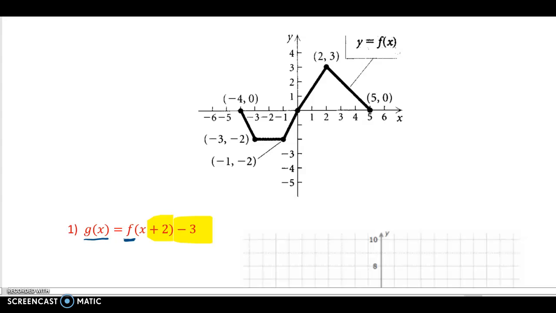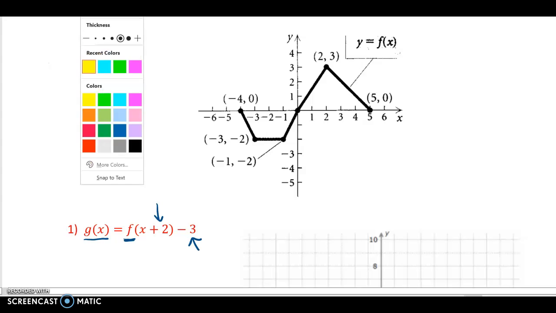The very first step you want to take when doing a problem like this is just to identify what each of the transformations means. What does it do to the function? So what does the plus 2 do? What does the minus 3 do? I want you to look at each of these numbers as a separate rule, which is kind of different than how we normally look at something like this.